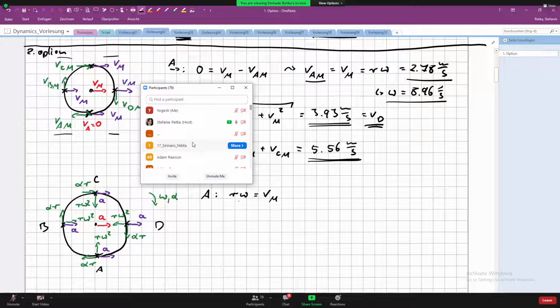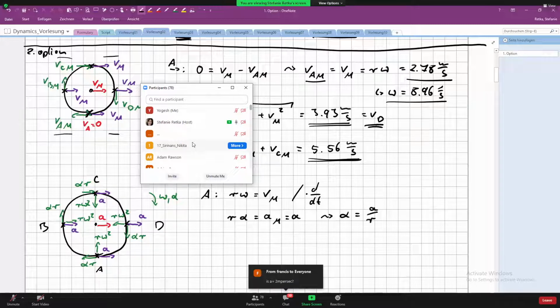So if we build the time derivative of this condition, d over dt, we have r alpha, the radius is constant, equal to a m, our acceleration of the car. We know the radius, we know the acceleration of the car, then we can compute alpha by a over r.